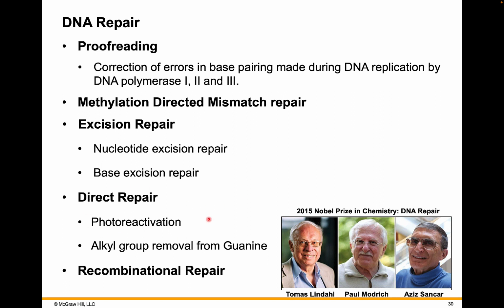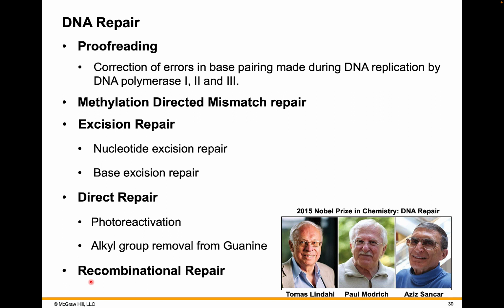And then we're going to talk about direct repair by photoreactivation and alkyl group removal from guanine, and a recombination-required mechanism. So DNA repair is of extensive interest because this is not only in the prokaryotes, the bacterial and archaeal world, but is also extrapolated to the eukaryotic world, by which the sanity of the DNA, or the so complex sanity of the DNA, is maintained, and the effects of mutations are constantly fought back.